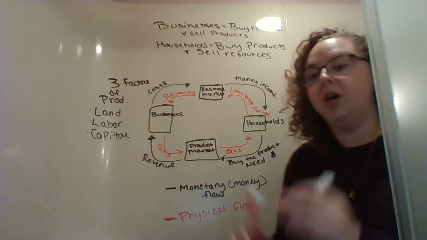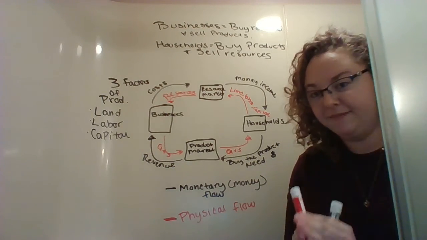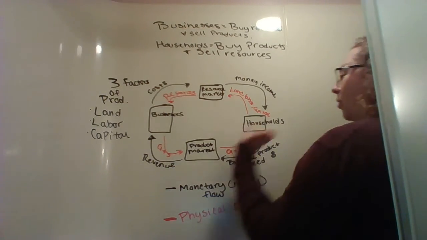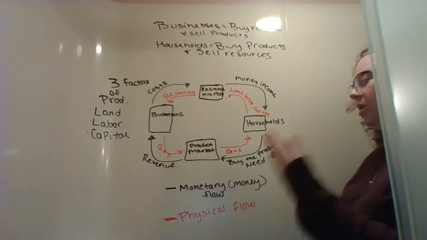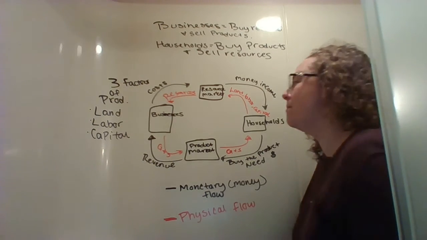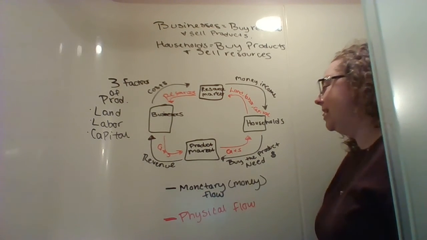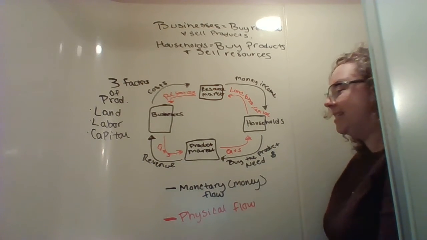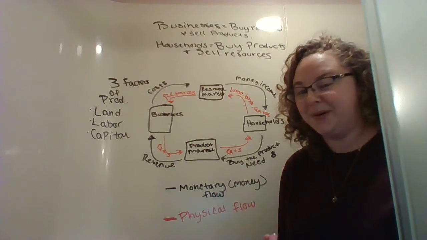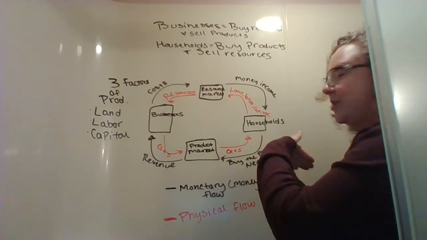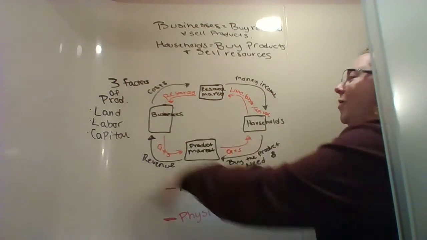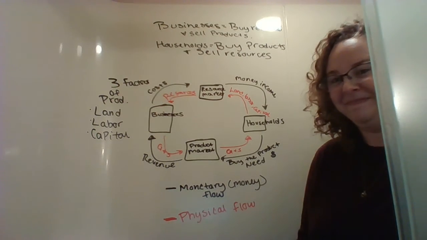And you guys, the whole thing starts over again. So then you are back to the beginning of where this goes and the circle starts over. So now that businesses have more money, households now have goods and services, and they keep making land, labor, and capital. Businesses keep paying households, households keep buying products, and the whole entire flow keeps going.